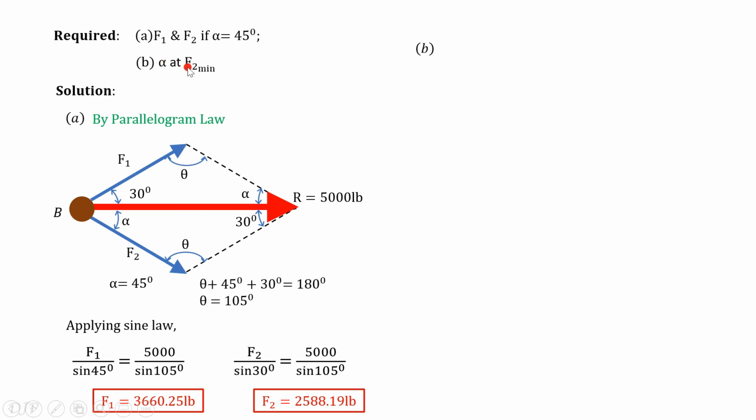The expression of F sub 2 will be derived by using sine law, as you can see here, where F sub 2 over sine 30 degrees is equal to the given resultant over sine theta. We don't know yet the value of theta for the second problem since we don't know the value of alpha.